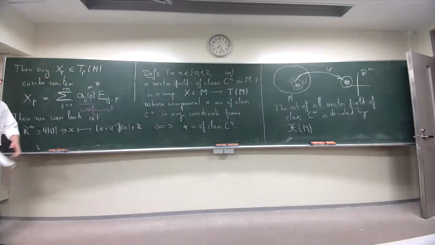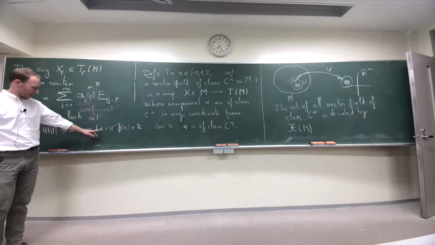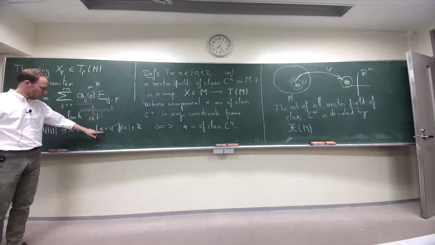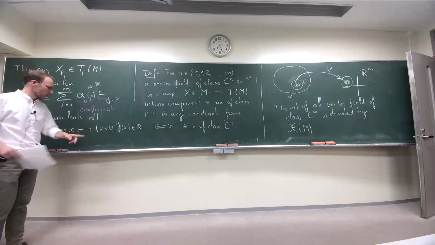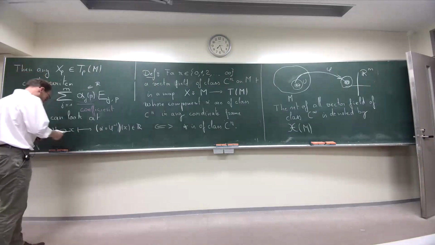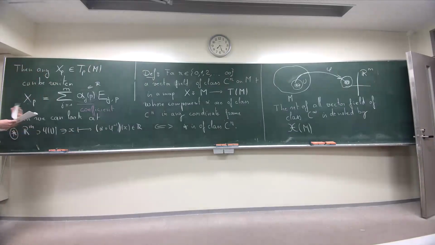Okay, wait, is there a mistake? You're right. If I consider just one of them, it's a number. So either I put a J here, or I should, you're right. Maybe there is even a mistake in the notes. I need to check.